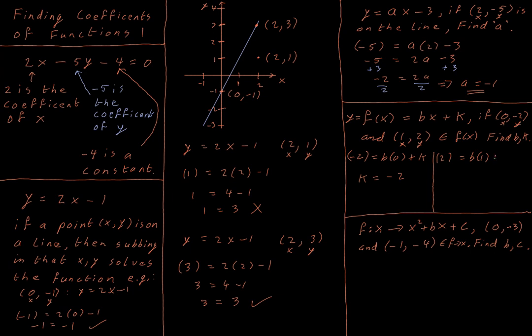So I can sub in my -2. So I end up with 2 is equal to b minus 2. I have to add 2 to both sides to get rid of the -2 next to the b. And I find that b must be equal to 4. So now I found my values for b and k.